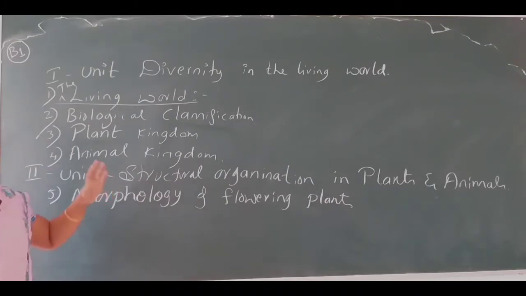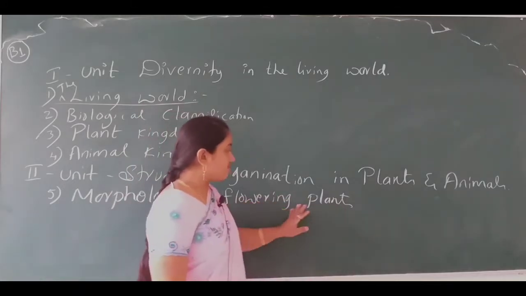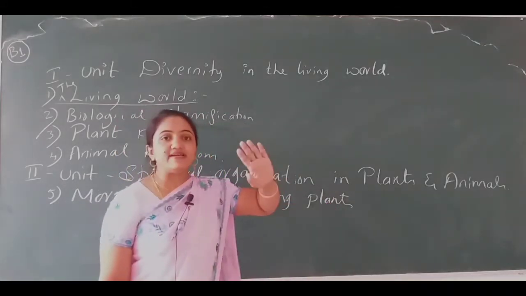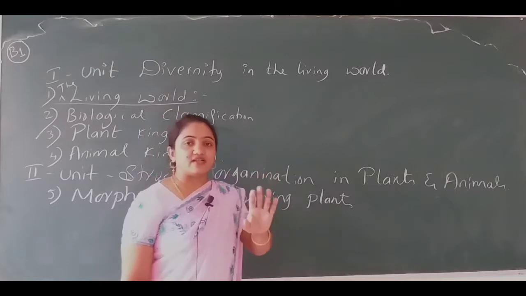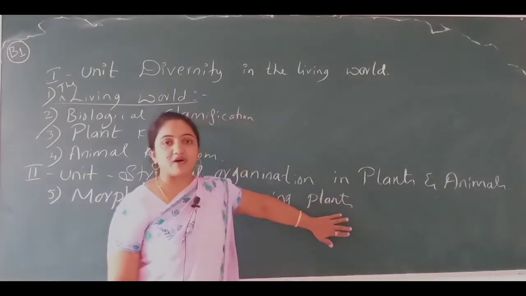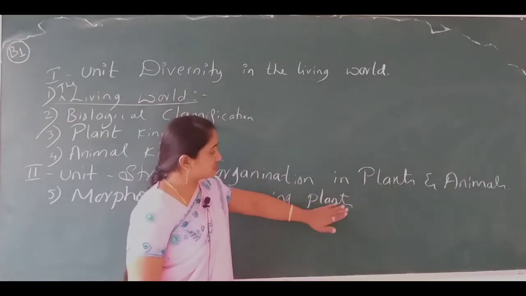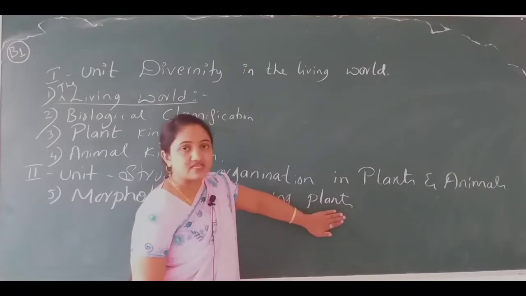Morphology means what? The physical appearance. How the flowering plant appears in nature, what the different parts are, what we call those parts and what their functions are. All those things we'll be learning in this chapter.